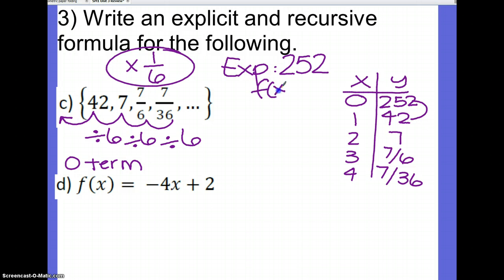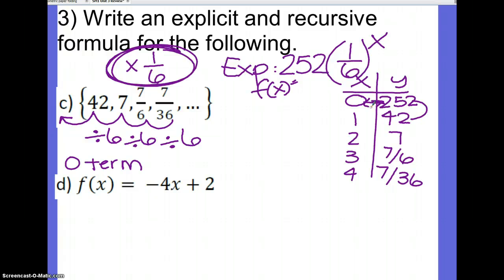So f(x) equals 252, and the pattern is dividing by 6, but we know that's the same as multiplying by 1 over 6. And then it's to the exponent of just x this time. We're not going to have anything minus because it actually used the 0 number. So that is what the answers will look like on the test.